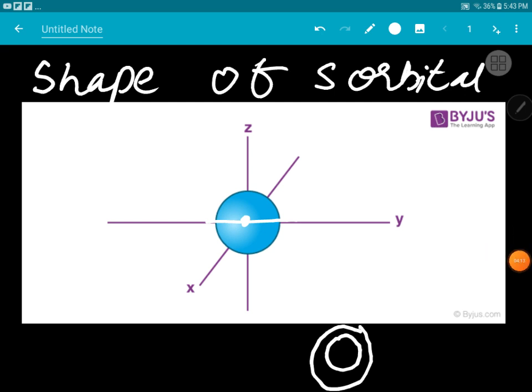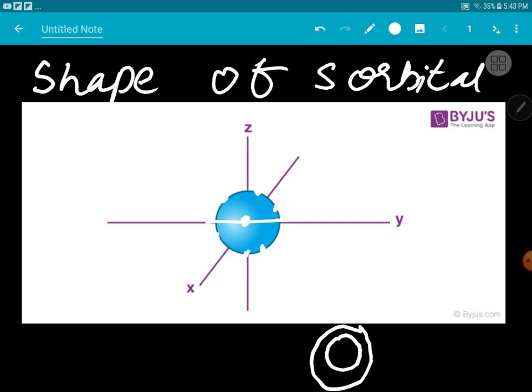It means the s orbitals are spherically symmetric, having equal probability of finding the electron at a given distance in all directions. Because it is spherical, the electron may be present anywhere there.